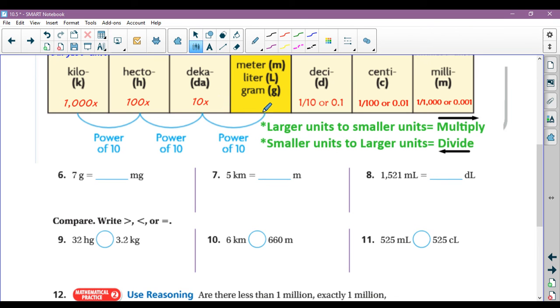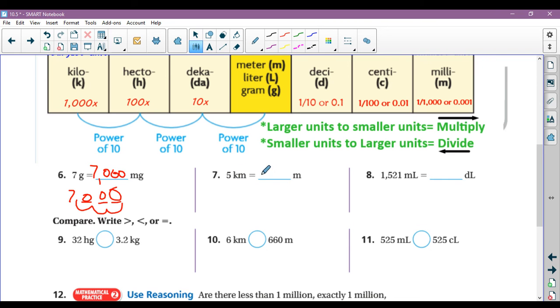In this case, the shortcut is to move your decimal. So we're going to go 1, 2, 3. If we put our decimal right here and move it 3 places, we have to go back in and put zeros in there. So you end up with 7,000 milligrams.